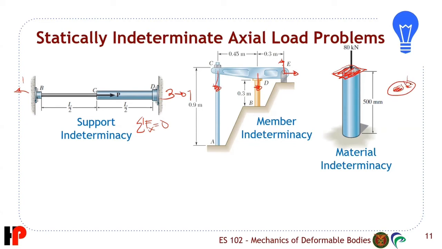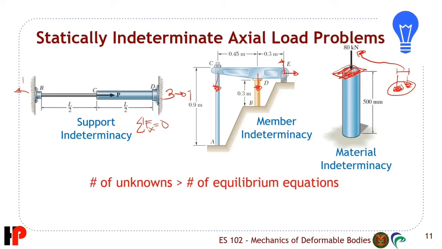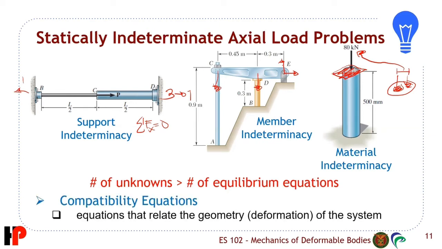So merong force na dadali nito, may force na dadali nito. So ang hindi natin alam kung ano yung hatian nitong dalawa, pero dapat yung sum nila, yun pa din, 80 kilonewtons. So the number of unknowns is greater than the available equilibrium equations. That's why we need to use compatibility equations or equations that deal with the geometry itself.